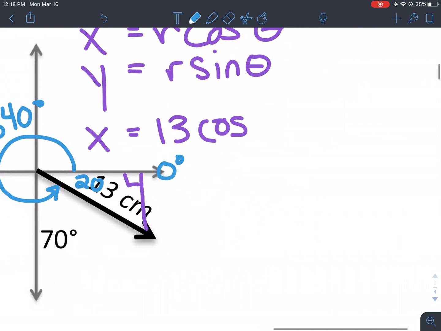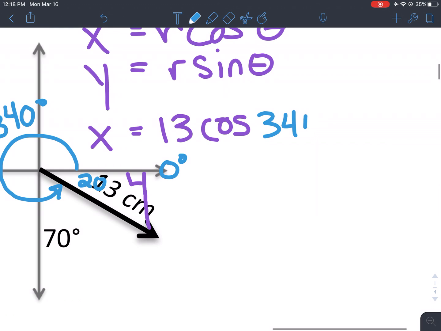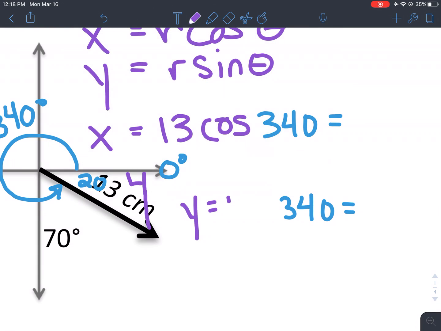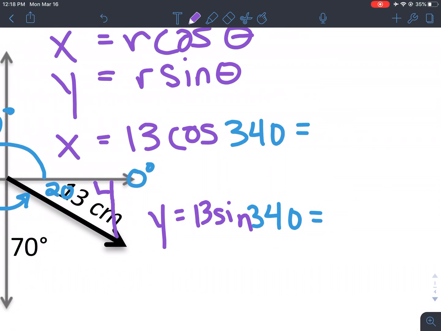So if I use that as my theta, I'm going to go right to the calculator, and I can get 2 answers here. So 13 cosine 340, that gives me positive 12.216, so I'll make that 12.22.